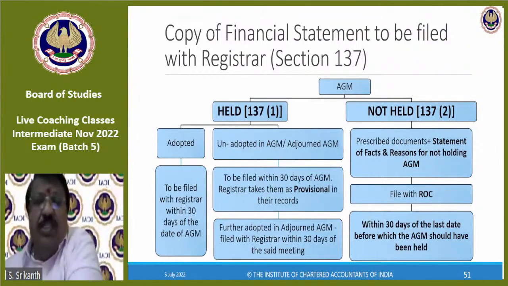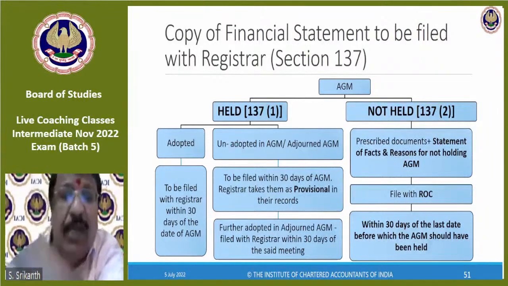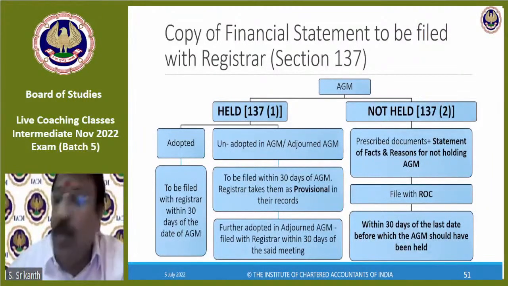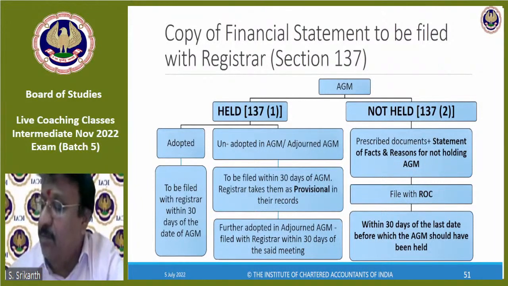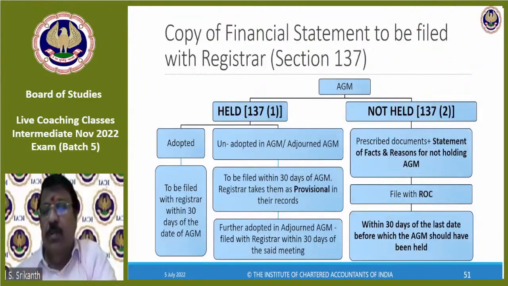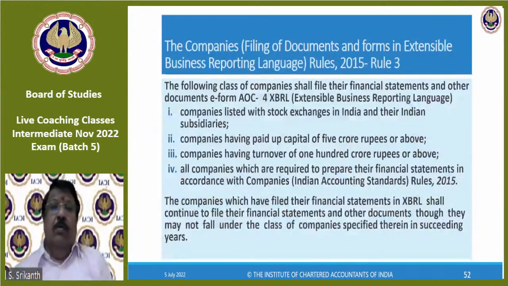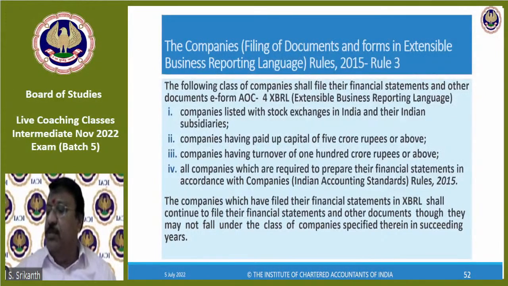So if everything is normal, when you should have held the AGM, from that last date, within 30 days for financial statement, 60 days for annual return, right? Got it? So this is the provision. Now, there is something called extensible business reporting language, right? XBRL.